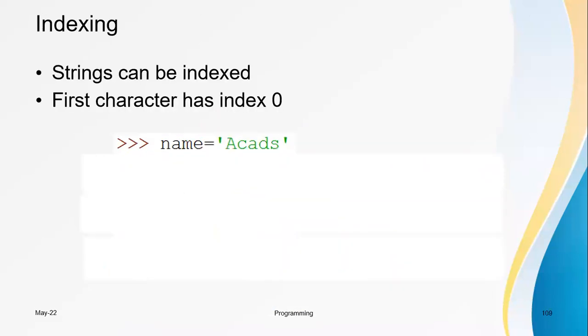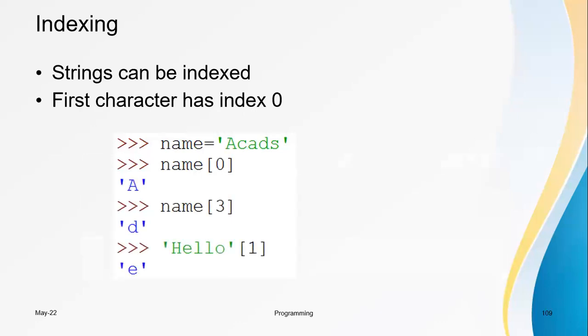Truncate is simple, like slicing. Cut the strings. That is what I am coming to slowly. So now, indexing. Strings can be indexed. 0 is the first character, then 1, 2, 3 after that.